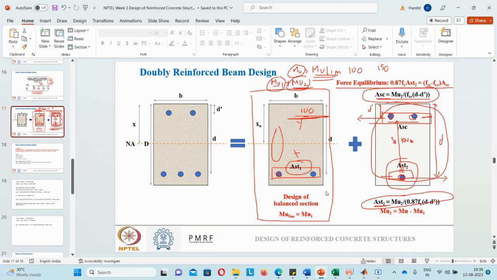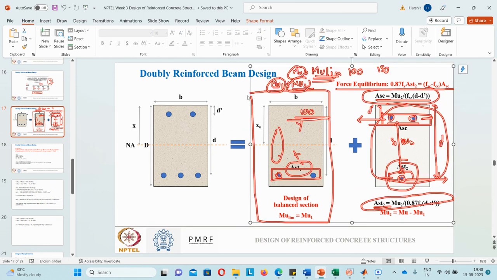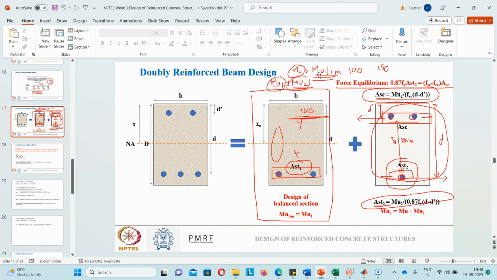Okay, so if you know the steel in tension side and compression side, then first you will design this second part, that is you can calculate Mu2. And then for the remaining steel you will calculate Mu1. If your Mu1 is still more than Mu limiting, then you can say that it is an over reinforced design. You need to backtrack when you're checking for over reinforcement. So ASC and AST2 are under equilibrium.